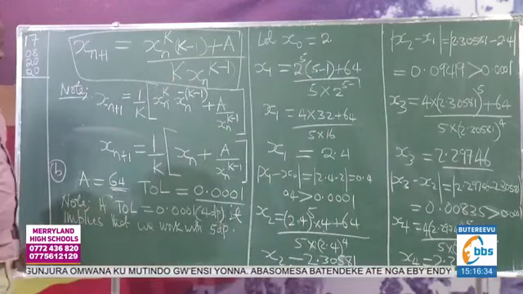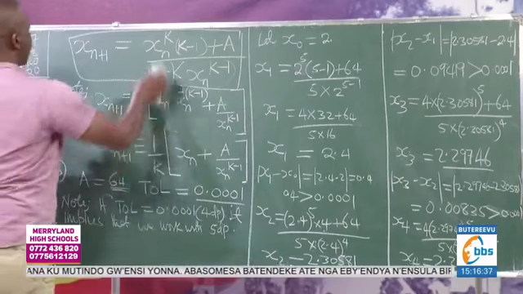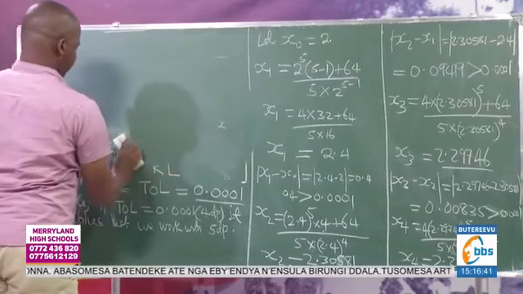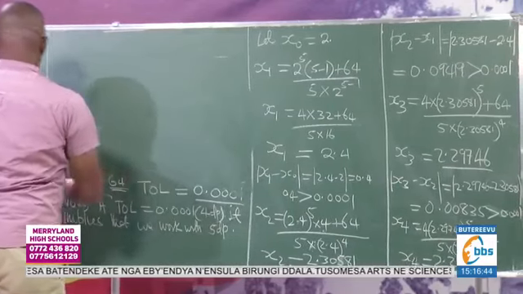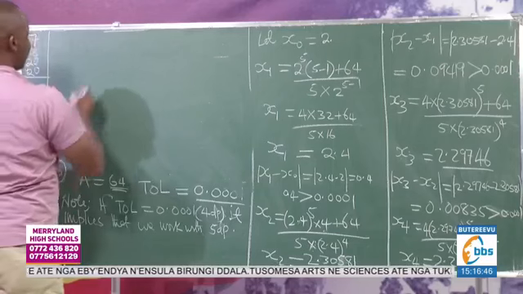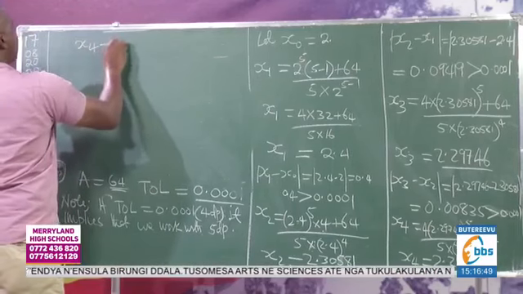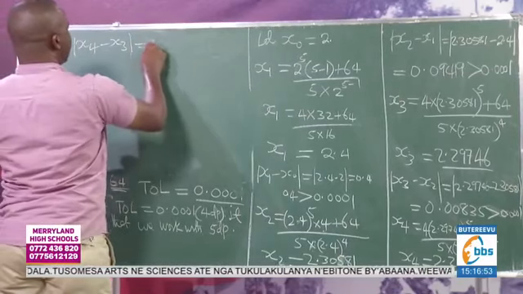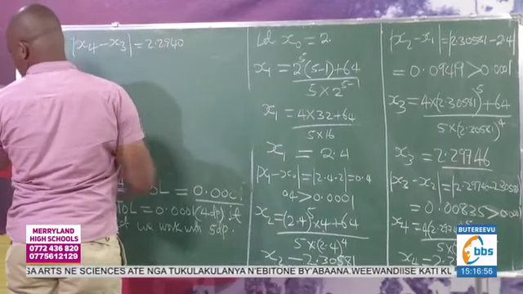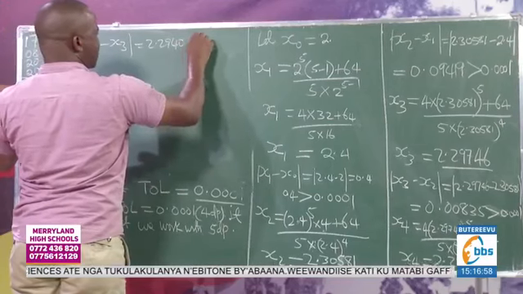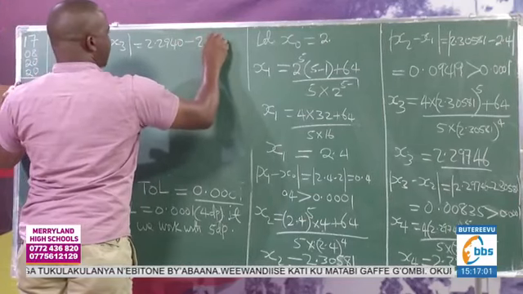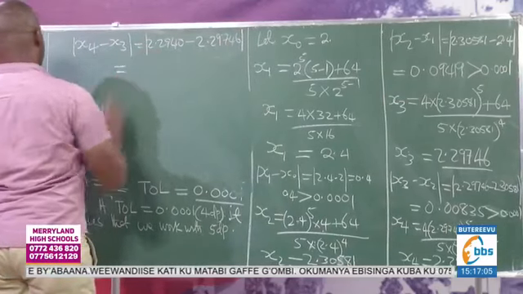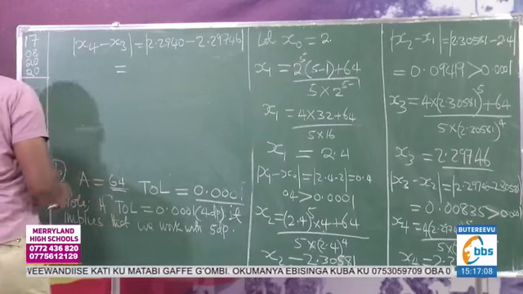If we check the difference, that is the modulus of x4 minus x3, we shall get 2.29740 minus 2.29746. Using your calculators, this is going to give us a value.